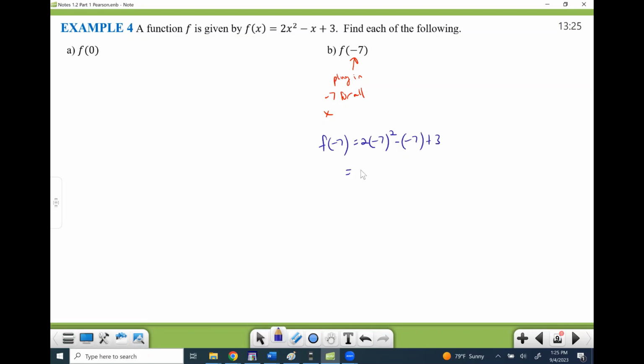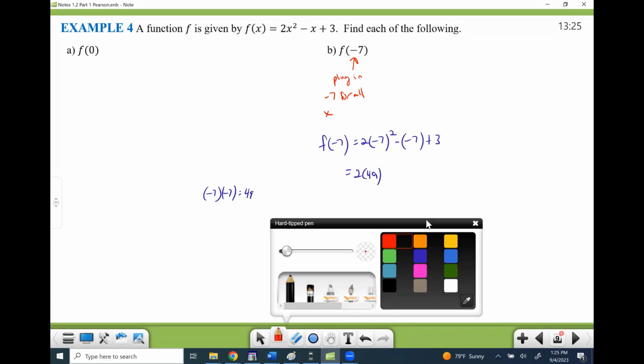All right, so remember, just like we said last time, according to the order of operations, you've got to do exponents before multiplication. I get a lot of students who multiply that first. So we're going to do the -7 times the -7 first. Negative times a negative equals a positive, and 7 times 7 is 49.